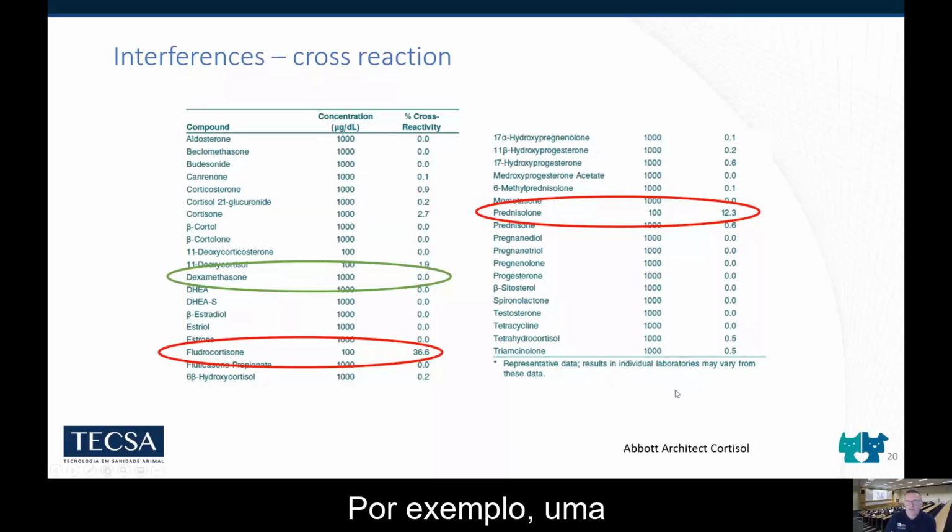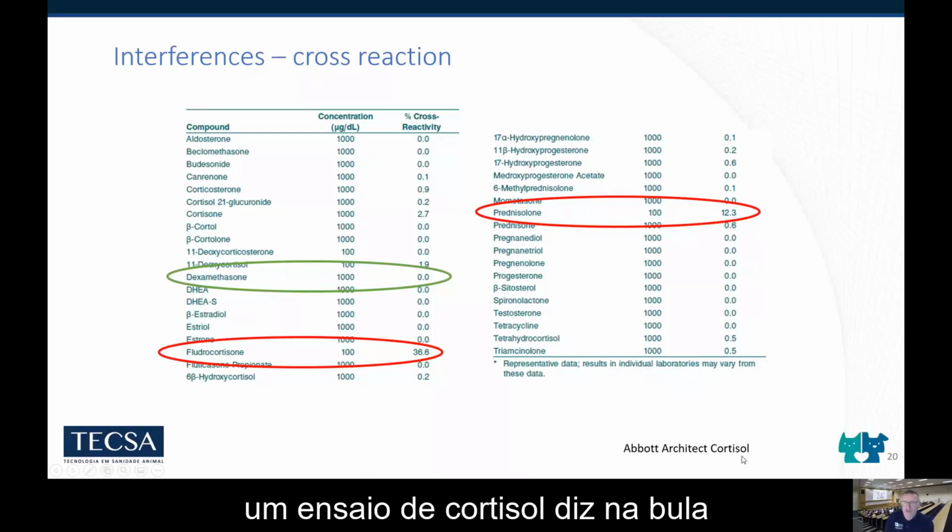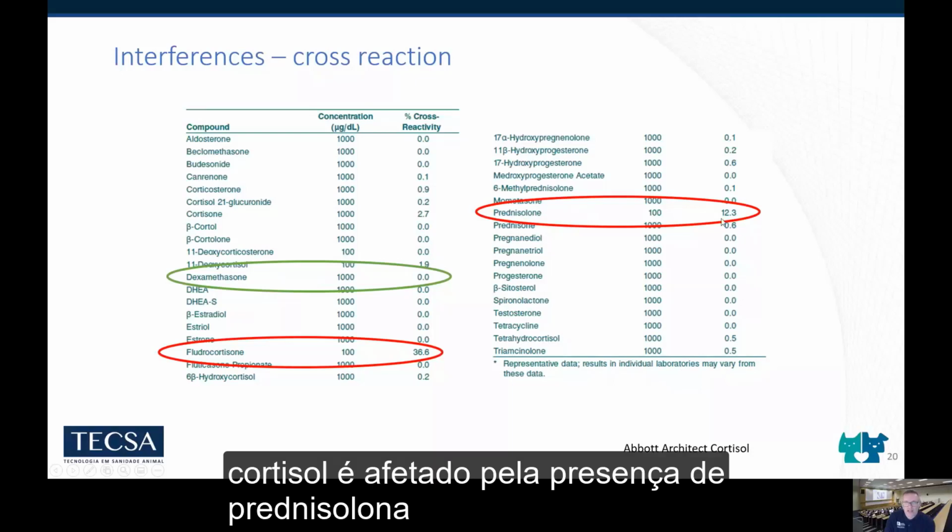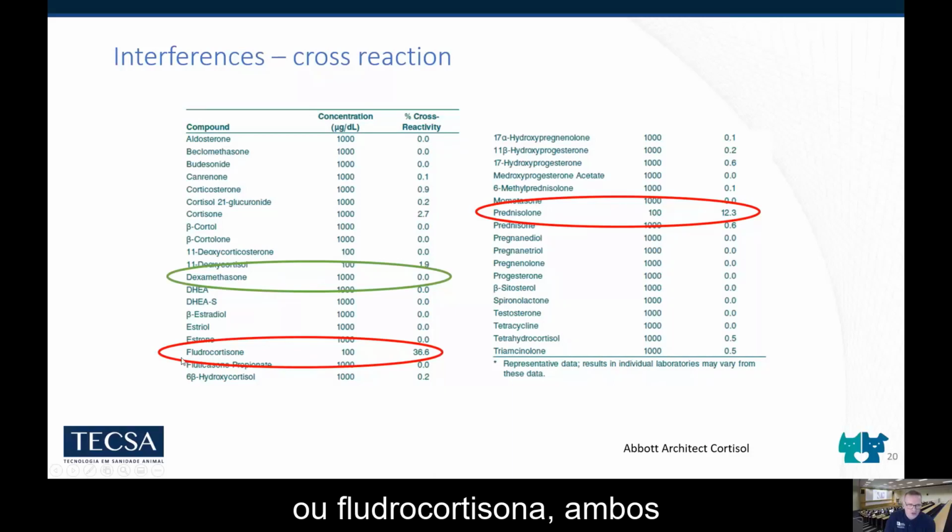So for example, there's a package insert from a company that makes a cortisol assay on an analyzer, and they're saying that their cortisol assay will be affected by the presence of prednisolone or fludrocortisone. Both of those will cause false high values, and cortisone will a little bit too, but they don't think other things that might be similar, like 17-hydroxyprogesterone, create much of a reaction.